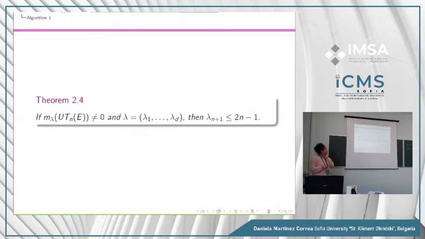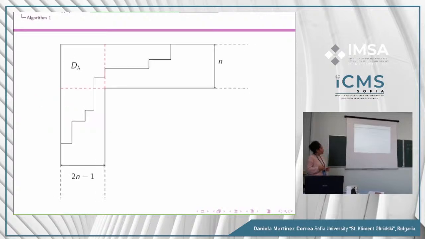So this theorem says that if you consider a partition lambda, and the diagram of lambda is not contained in this cube, then the multiplicity n lambda is equal to 0. So using this result, we have more or less a shape of the partition lambda for the multiplicities different from 0.